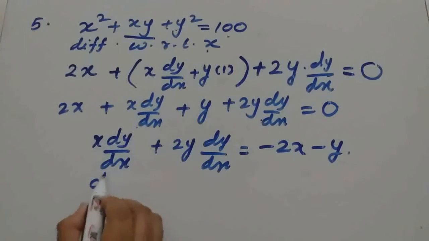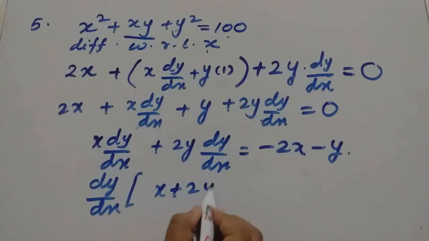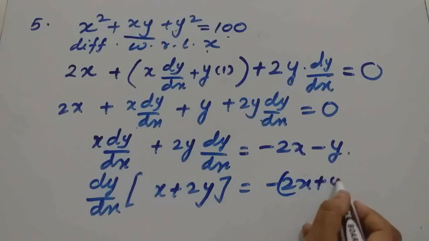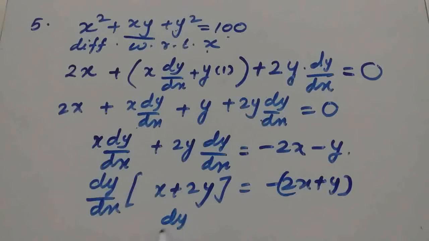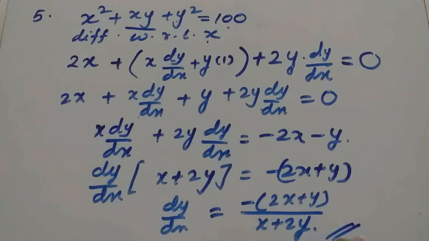Now take dy by dx common. See, all are common steps only. We can take minus common. So dy by dx, this bracket will go that side in division. So we will get minus (2x plus y) divided by (x plus 2y). So this is your final answer.